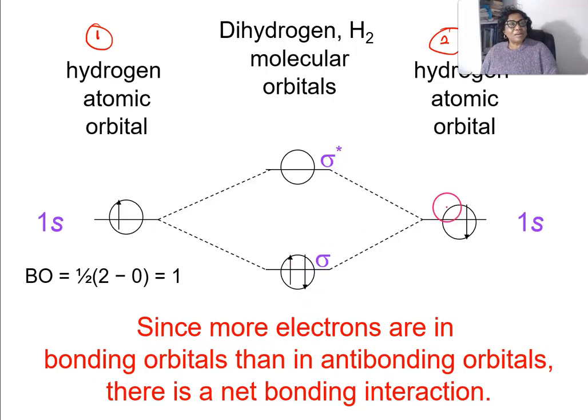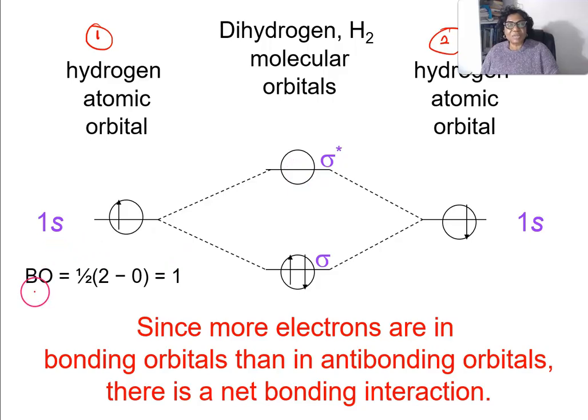Each hydrogen brings 1 electron. They put them first in the molecular orbital which has lower energy, and then it's finished. The antibonding orbital does not have electrons.